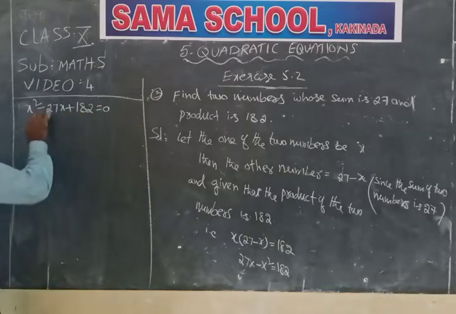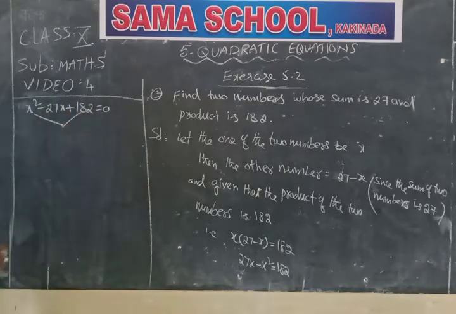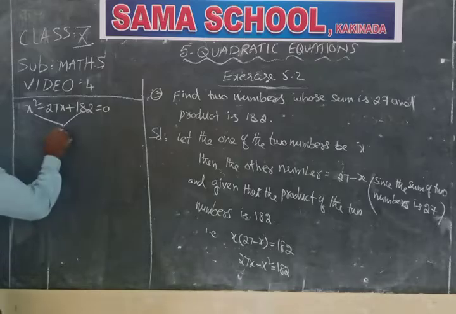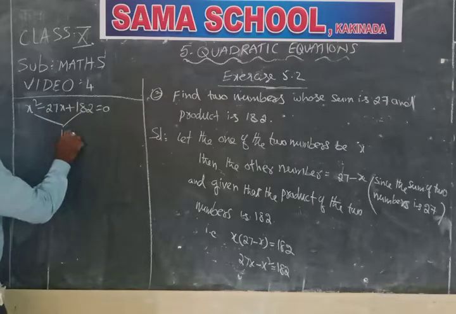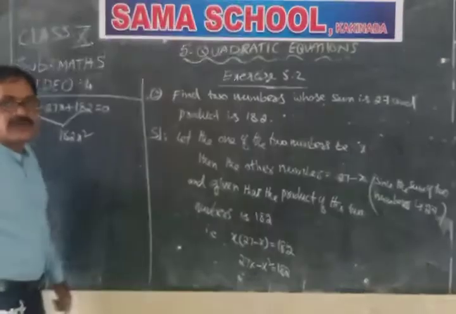Now factorize this. x square into 182, that is 182 x square.